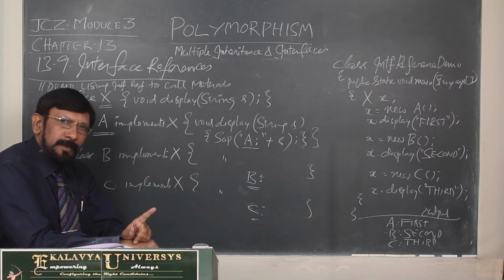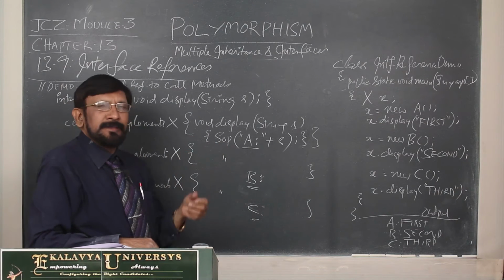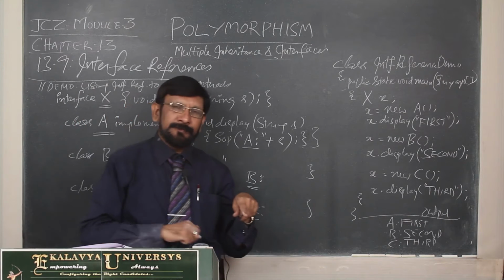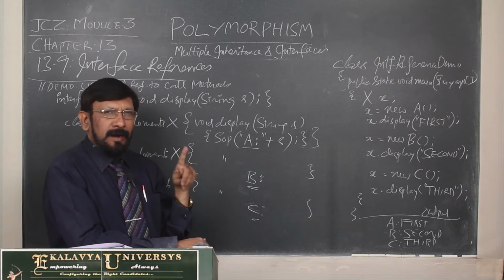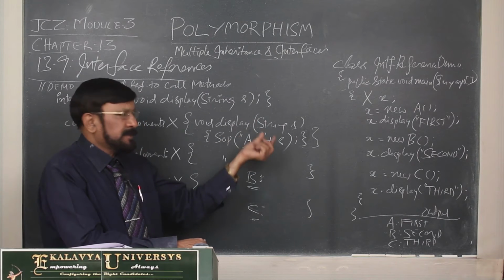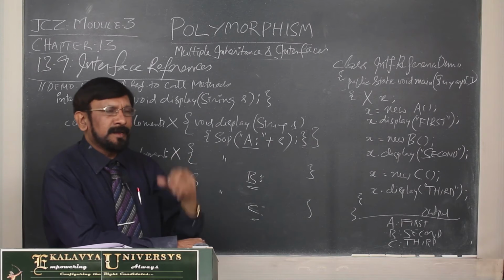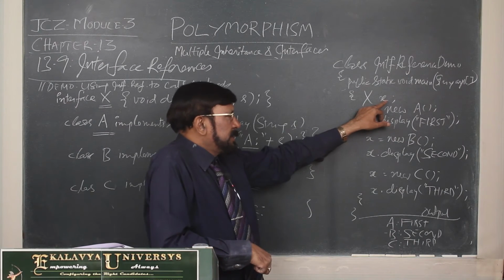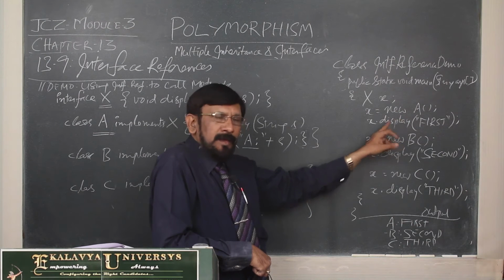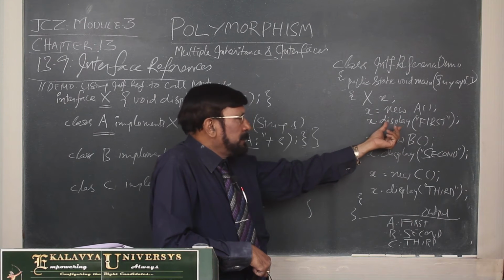Once again I am repeating the same statement. Via interface reference, we can call the methods of the implementing classes. This is the interface reference, and using that we are calling the methods of the implementing class.